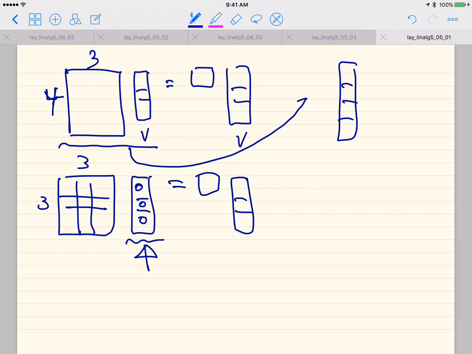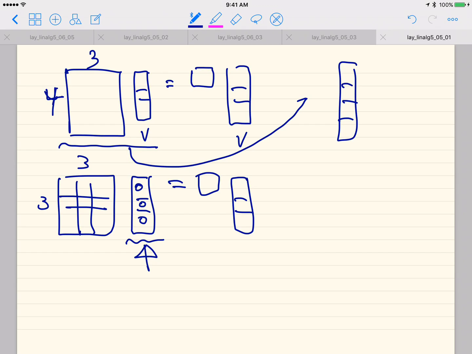So by definition, an eigenvector, this kind of special vector that we talk about, is just a non-zero vector. We only consider non-zero vectors as potential candidates for our eigenvector. So an eigenvector should be a non-zero vector.